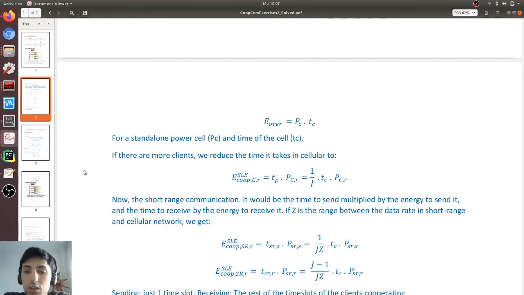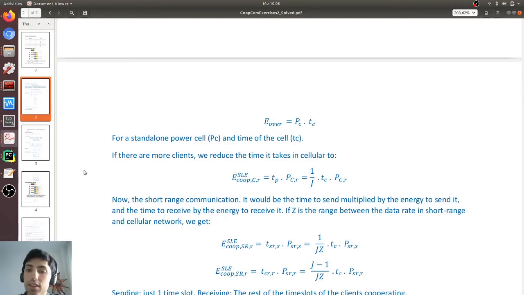The question is, what is the time a user will be sending? The time it will take for this user to send that part in the cellular communication is 1 divided by J multiplied by t sub c, which is the time it will take in the cellular to send that part.